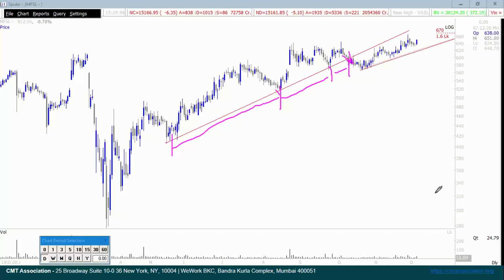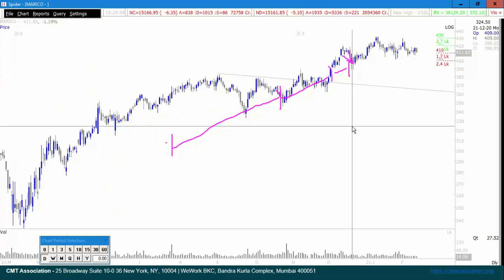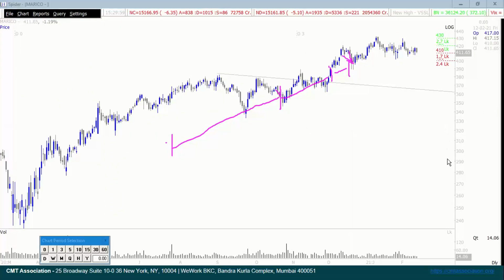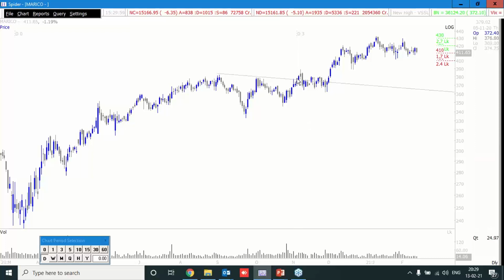So this is basically an example of how you can easily fall into a trap, and I'll show you one more example of this, Marico, wherein again something very similar happened. Here, as we can see, there would be a high which is a proper high, because prices would have fallen after that.